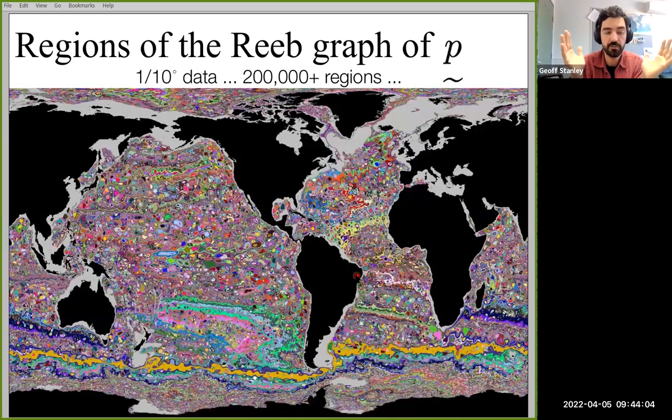Okay, so that's a very useful thing, because if you look at the Reeb graph in, say, a tenth degree ocean model, there's a whole lot of regions. So in each of these regions, there's a functional relationship. With the omega problem before, what we did is we had this global matrix problem, and that's where the global information about the neutral surface problem was handled.